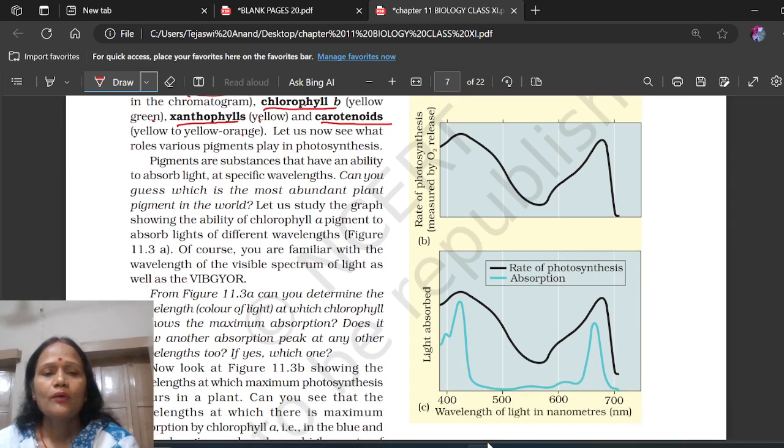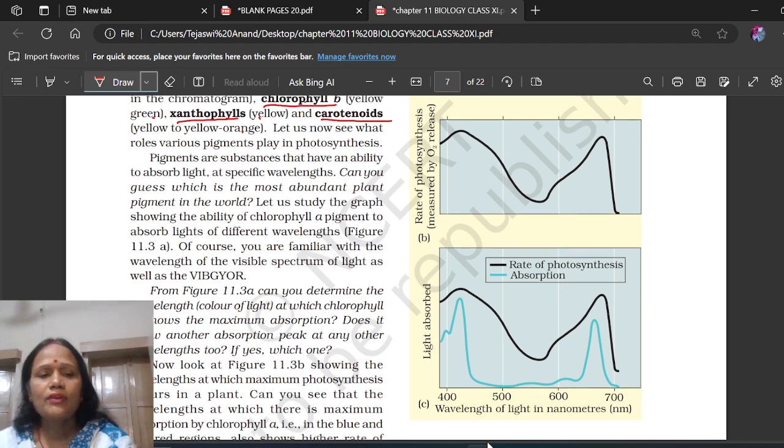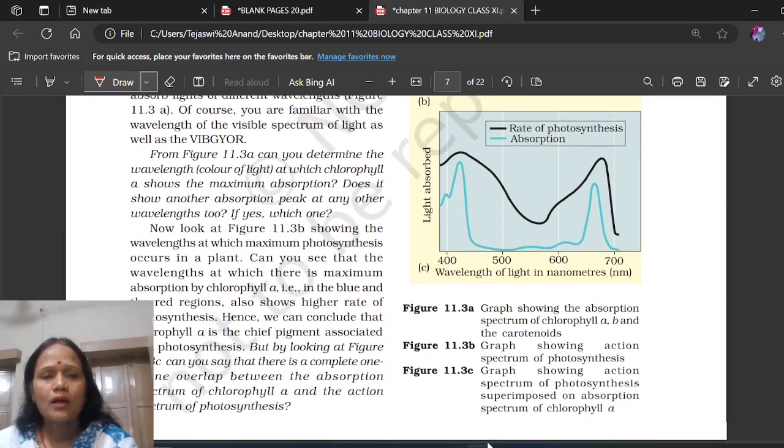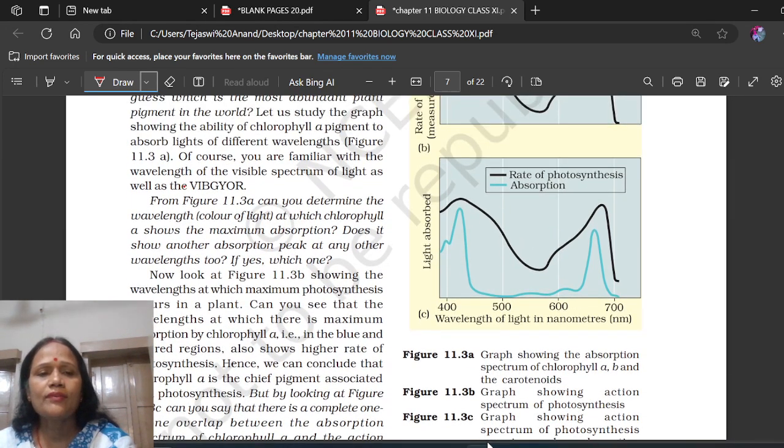If we go further, we shall find VIBGYOR, a very common word for all of you. It has 7 colors: V for violet, I for indigo, B for blue, G for green, Y for yellow, O for orange, and R for red.